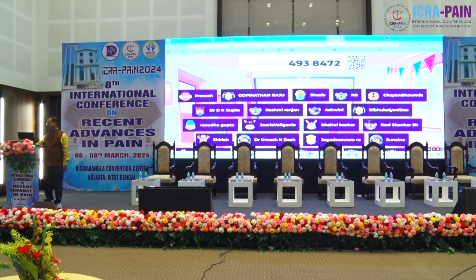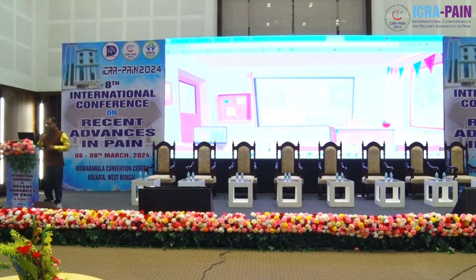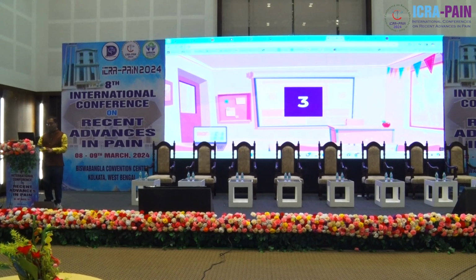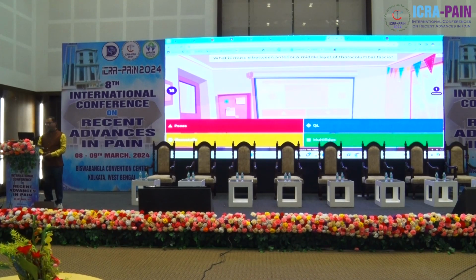Okay, let me start. Just whatever I have discussed just now, the 3D anatomy. Which muscle is between the anterior and the middle layer of the thoracolumbar fascia?